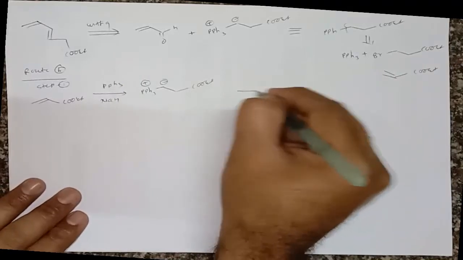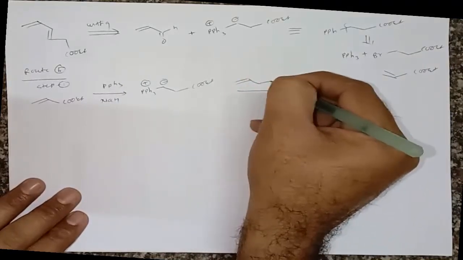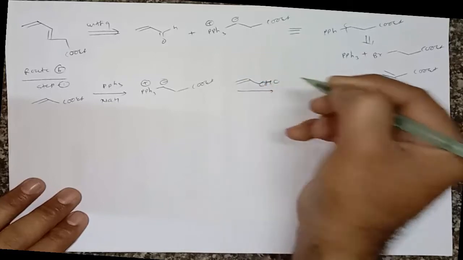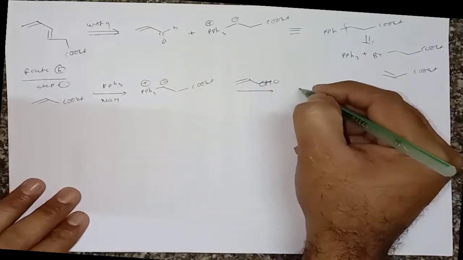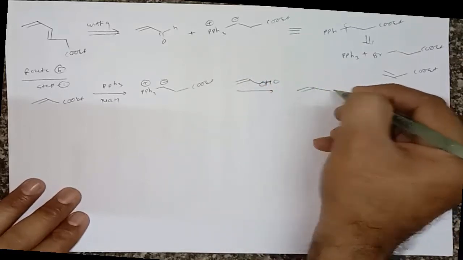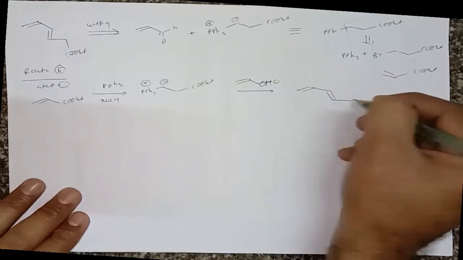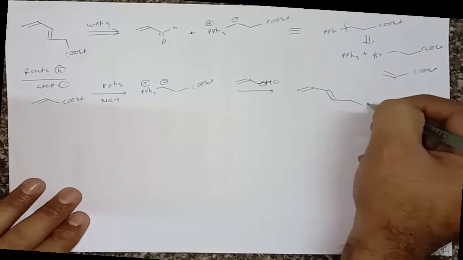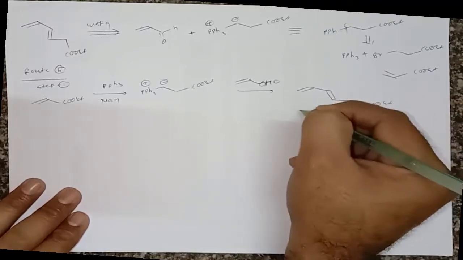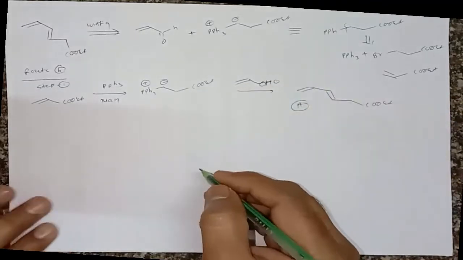Then we can treat this molecule with this aldehyde CHO. Then it gives formation of CH3 CH double bond, and then here is CH2 COOEt. So this is compound A. So we can prepare this molecule.